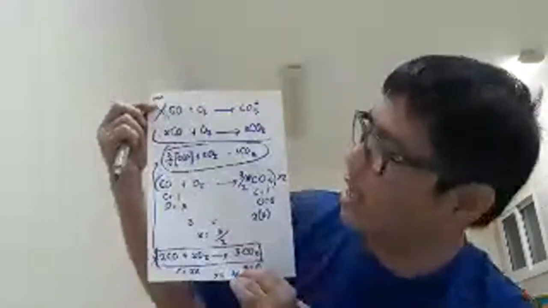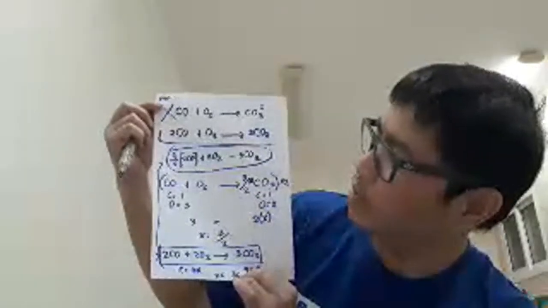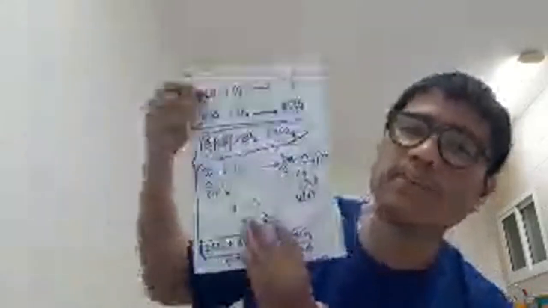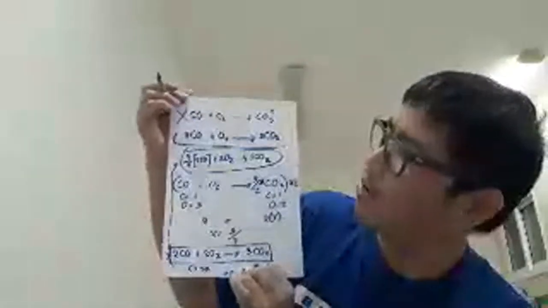So 3 halves times 2CO plus 2 oxygen gas is equals to 3CO2. This is your equation now. Now, simplify that one further.